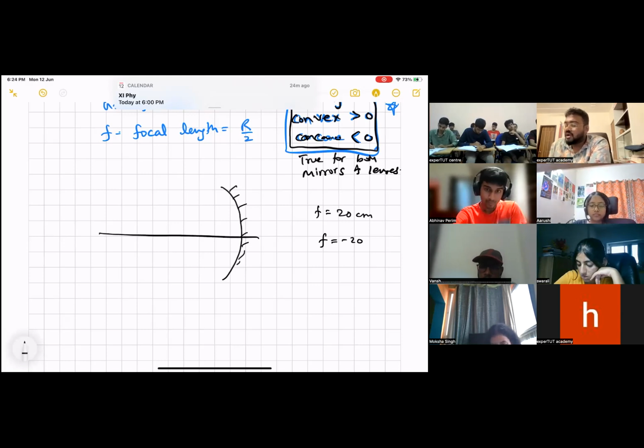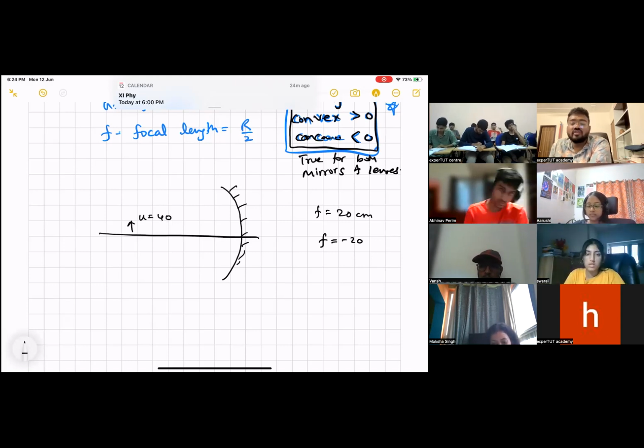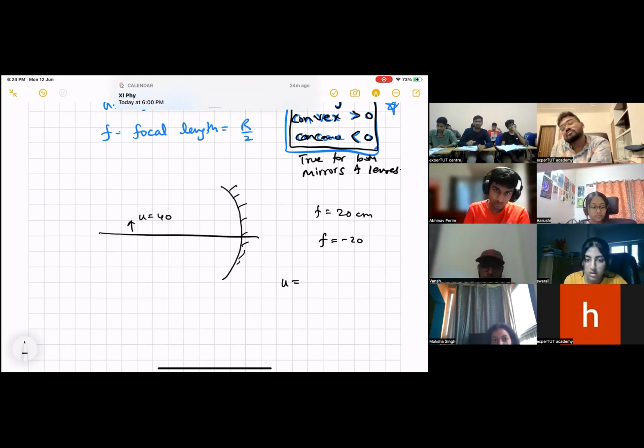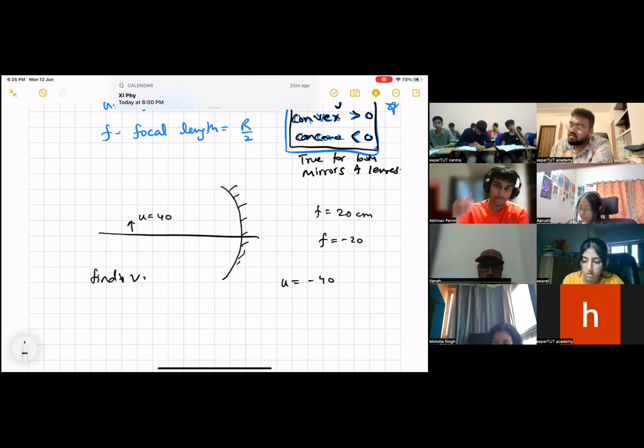And an object is kept at, let's say, distance u is equal to 40. The object is always kept to the left, so u will be minus 40. Now put it in the formula, find v and m. Find it quickly.